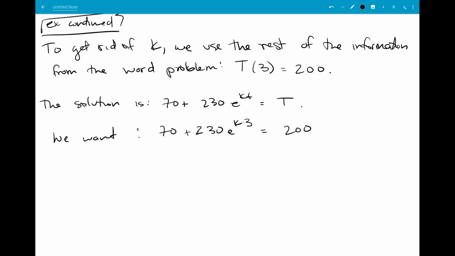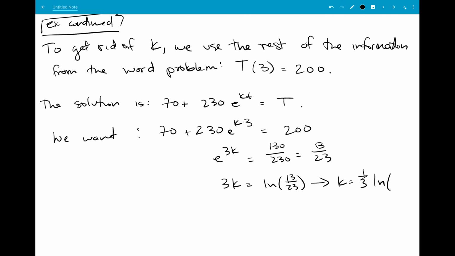Or e to the 3k is equal to 200 minus 70, which is 130, divided by 230. So just 13 over 23. Take the natural log of both sides. We'll have 3k is equal to the natural log of 13 over 23, or k is equal to 1/3 the natural log of 13 over 23.